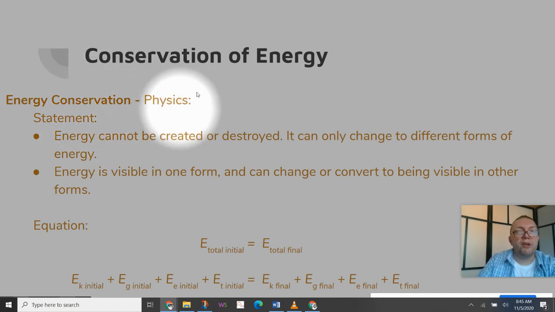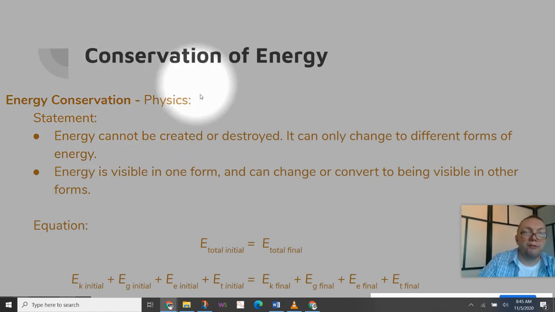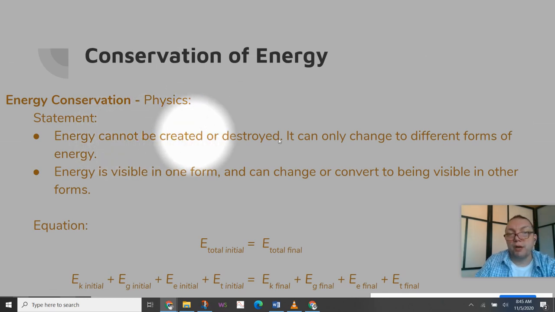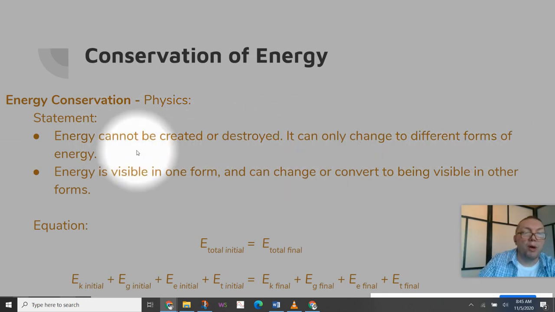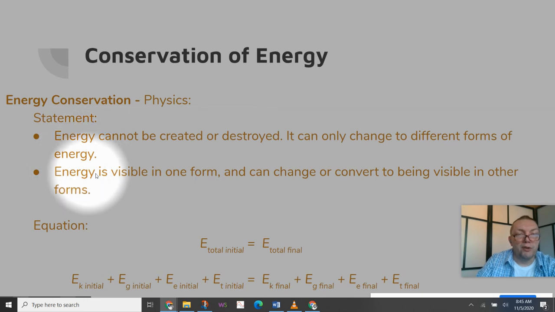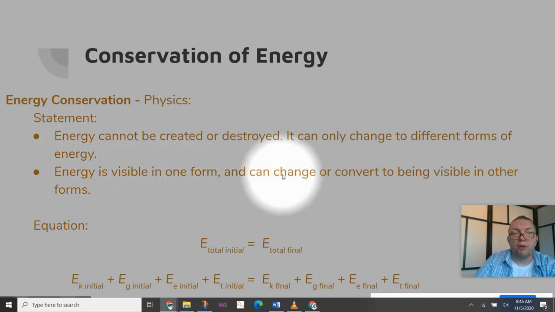But going back to the big picture, conservation of energy in physics is saying that we cannot create or destroy energy. We can change it from one form to another. If energy is visible in one form, it is possible for it to be converted to being visible in another form. You throw an object and it goes up.